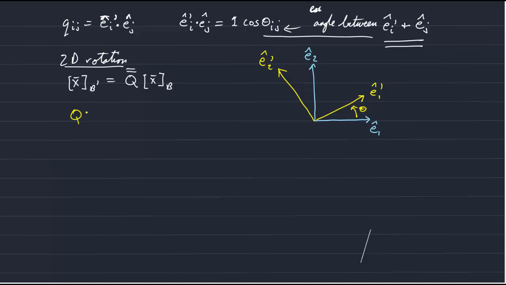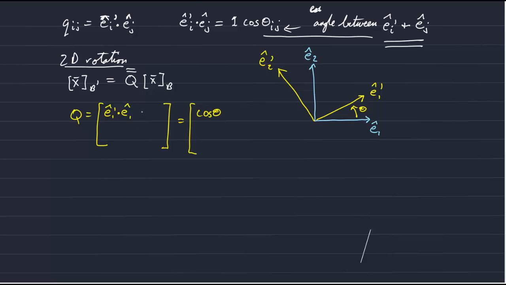So Q, again, is the angle between e-hat-1 and e-hat-1 prime, and so it's the cosine of the angle between these two vectors. And so that gives cosine theta, because the angle between these first two unit vectors is just theta.